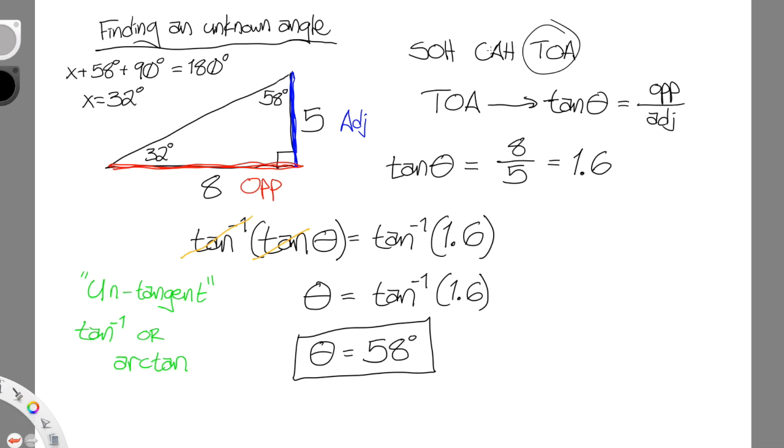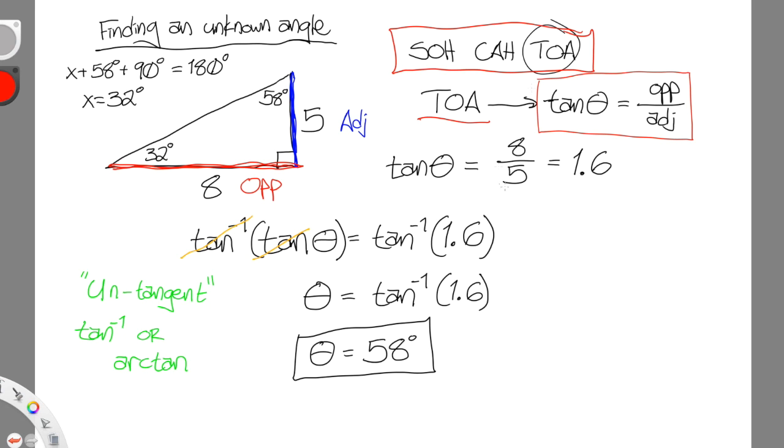But hopefully you're seeing that every single time I've done this, I've started with the same thing. I've written out SOH-CAH-TOA. I looked at my triangle to figure out which sides we have, which sides we're looking for. I picked which one of SOH, CAH, or TOA we needed, and then I wrote it out like this. Then I started plugging things in, and then I did my algebra very carefully.